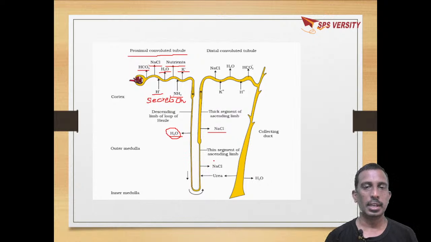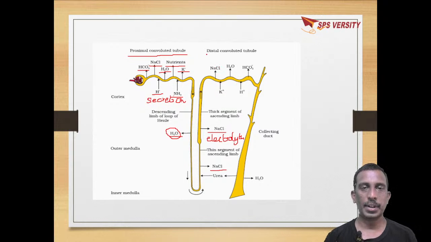In the ascending limb, there is reabsorption of sodium chloride, that is electrolytes, but it is impermeable to water. So here you can see the concentrated filtrate.